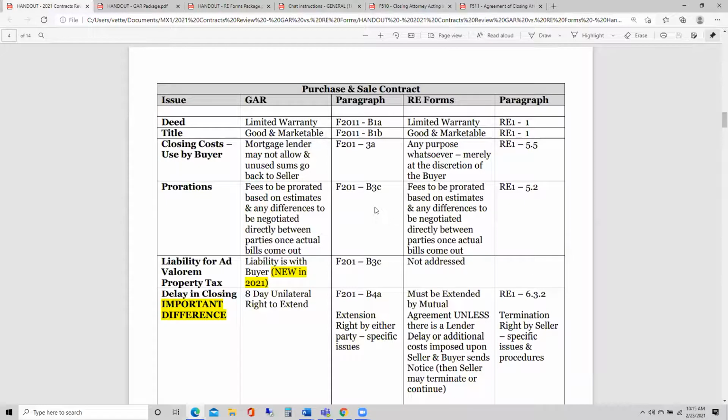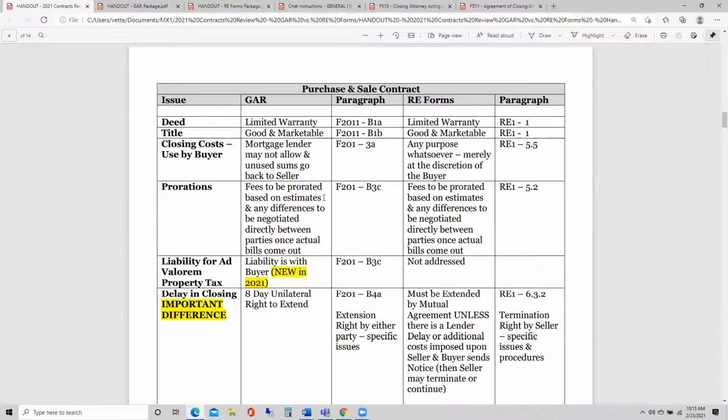All right, prorations. This is the same. The fees are to be prorated at closing based on any estimates that the closing attorney gets. This is specifically with respect to, for example, property taxes.